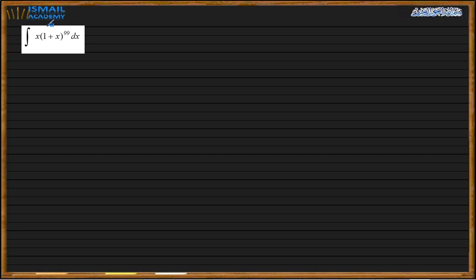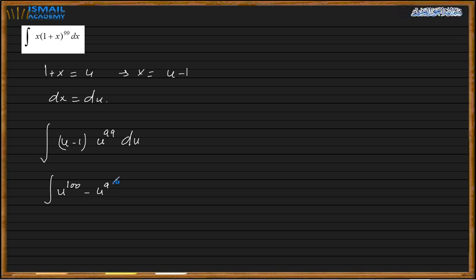So for this one, I choose 1 plus x is my u, which means I have to think here. I need to find out first what is my x, because I have x by itself here. So x is u minus 1. Then dx is the same thing as du. Now I substitute back, so I got u minus 1 times u to the 99 du. Distribute u to the 99, so it's going to be u to the 100 minus u to the 99 du. So what I do next?